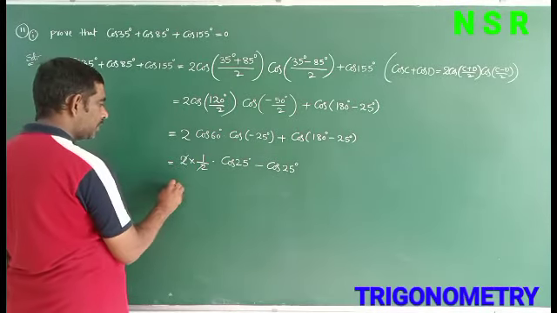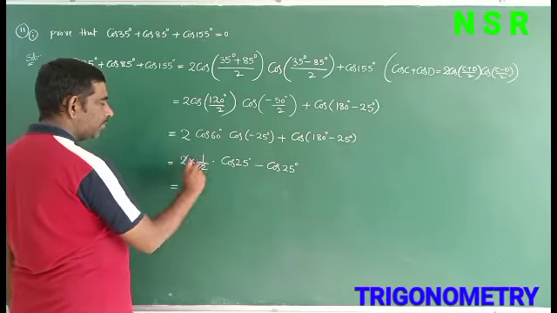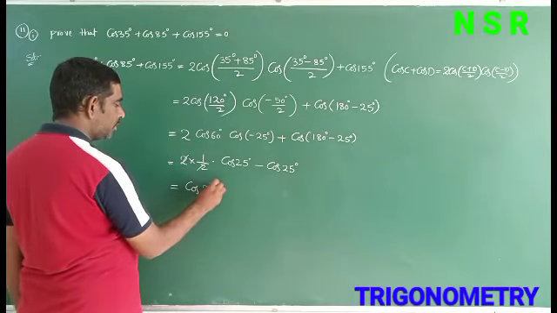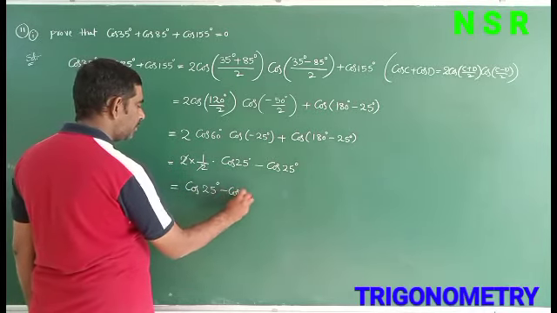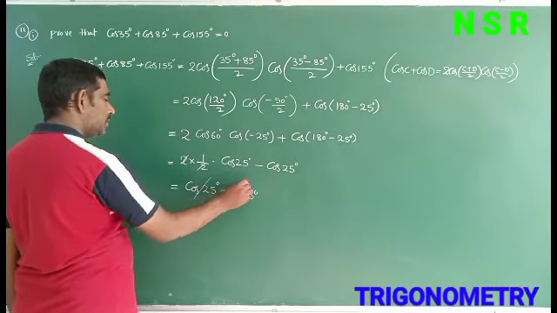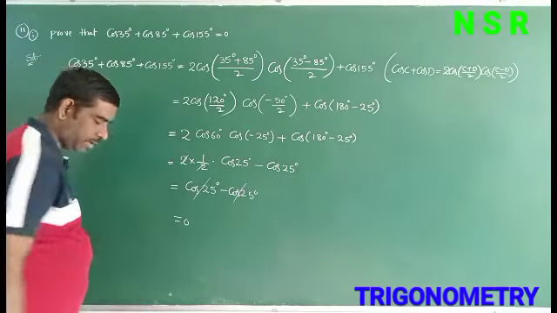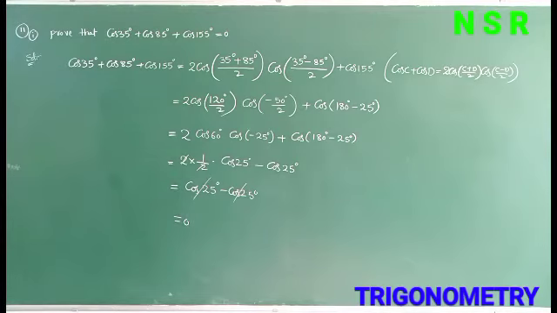Now the 2 gets cancelled, so we get 1 into cos 25 minus cos 25. So plus cos 25 minus cos 25 cancel, so we get 0, hence proved.